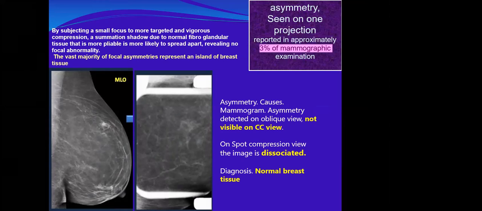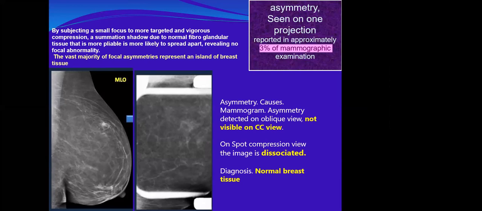So spot magnification usually subjects a small focus to more targeted and vigorous compression. A summation shadow or pliable tissue will spread apart, revealing no focal abnormality.